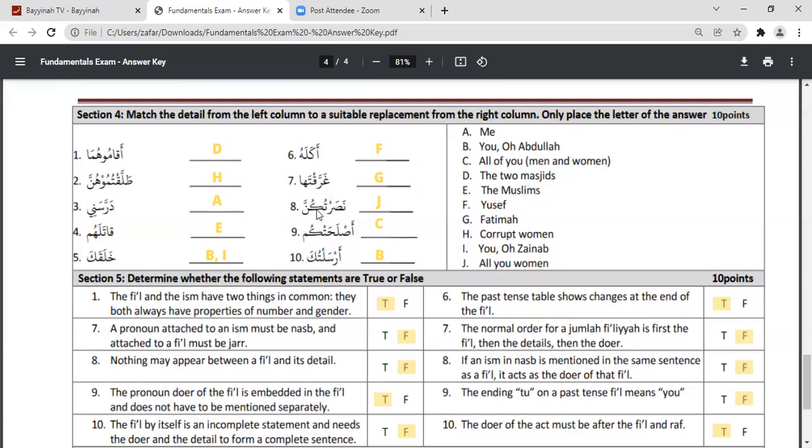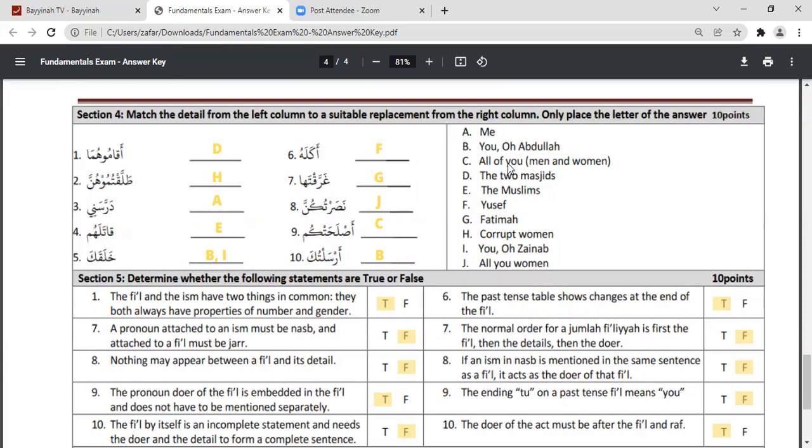Nasartukunna. Over here it is kunna, that is in the second person feminine plural. And over here it's only all you women, which is J. So it will have the J. And then aslahatkum. Kum is basically second person plural, and it can have both men and women.